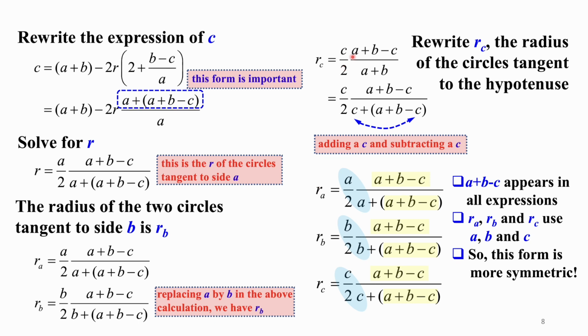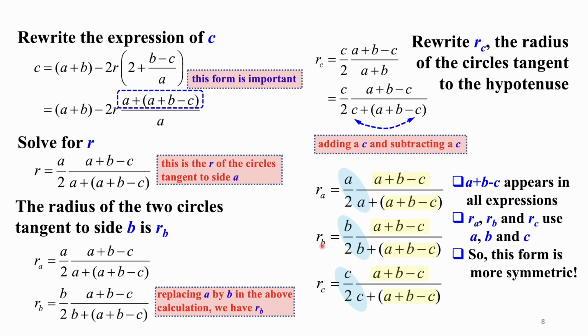So we copy all of our results. Here are R of A, the radius of those two circles tangent to side A, to side B, and to side C. As you can see, A plus B minus C appears in every result. And for RA, we see A and A here.